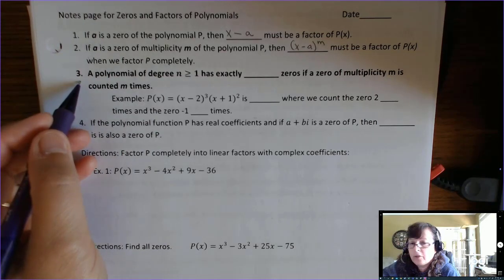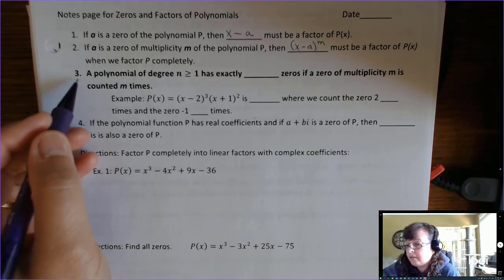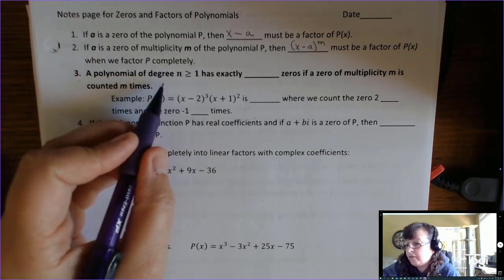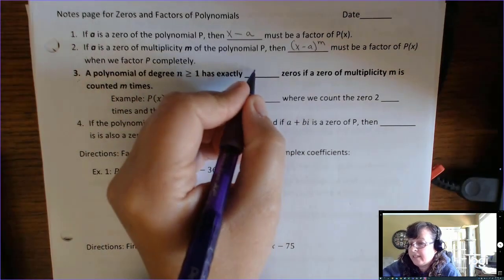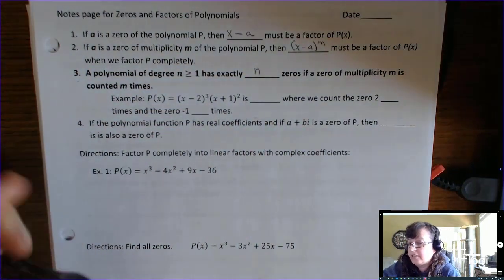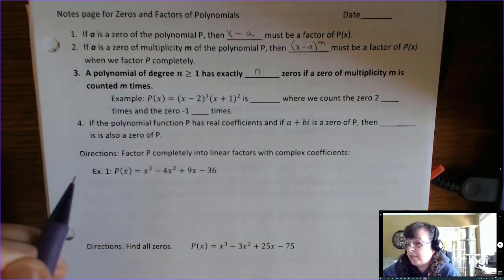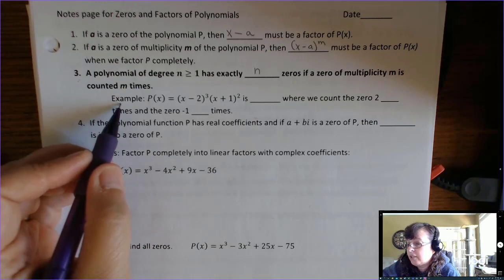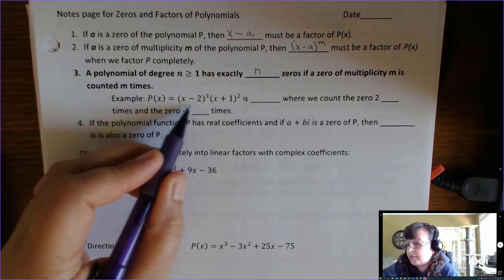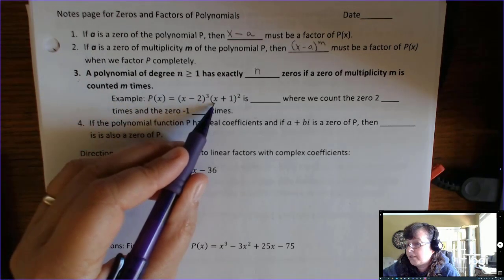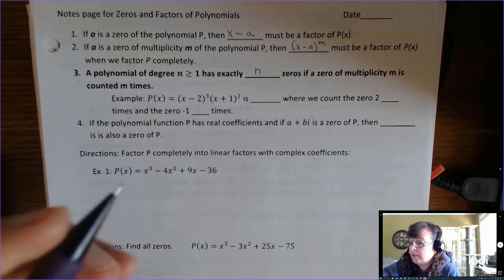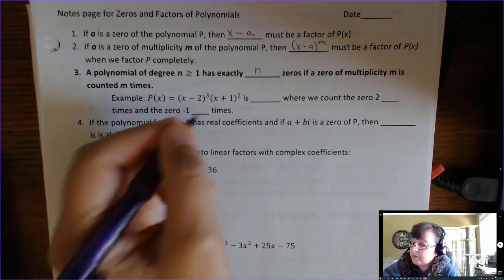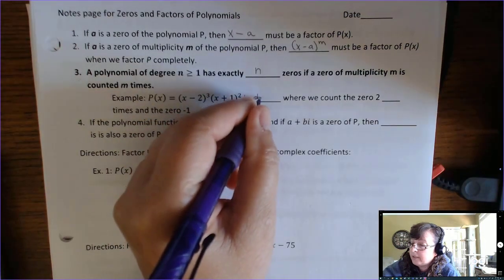3, I started mentioning it last video, a polynomial of degree n, as long as it's greater than or equal to 1, has exactly n zeros if a zero of multiplicity m is counted m times. So for example, p of x equals x minus 2 quantity cubed times x plus 1 quantity squared is degree 5.